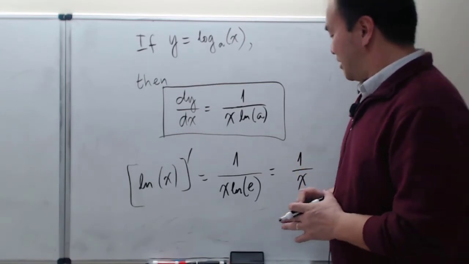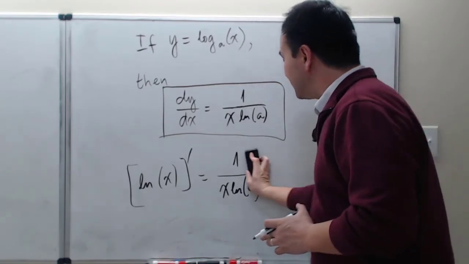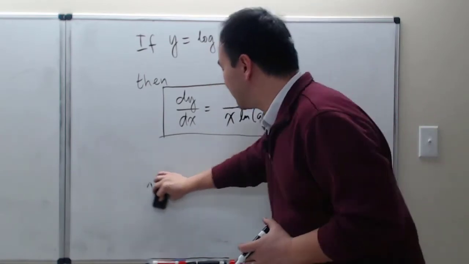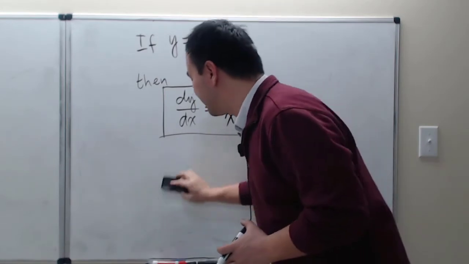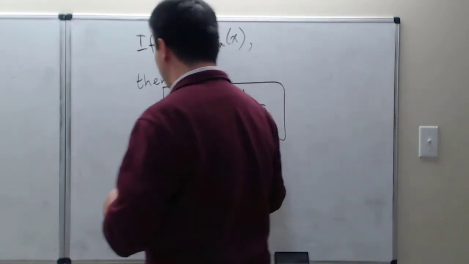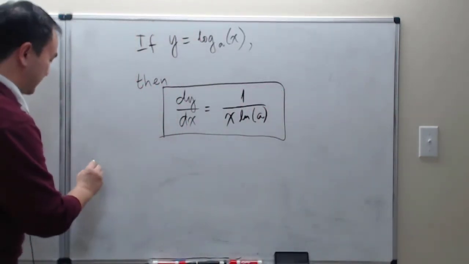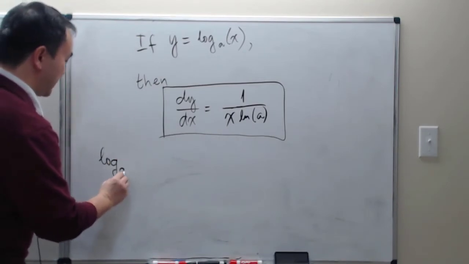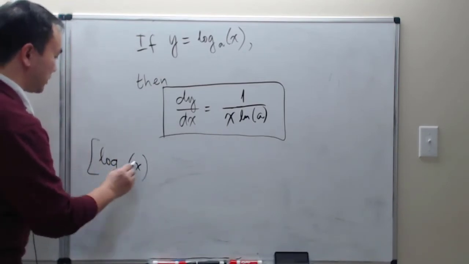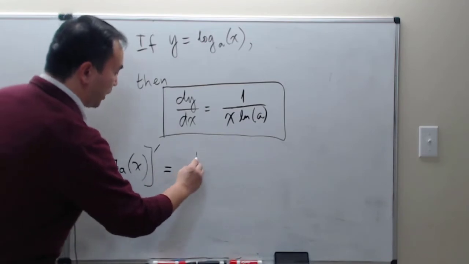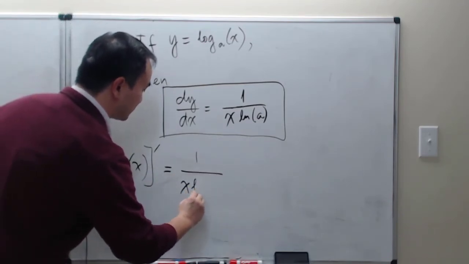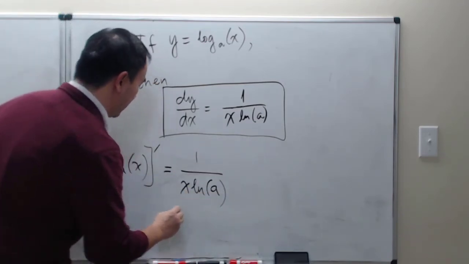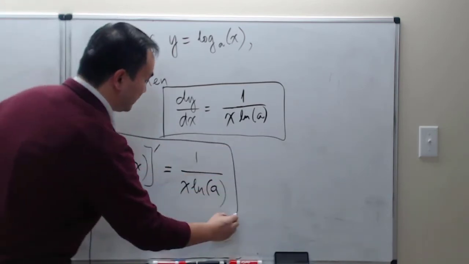Now, a shorter version of this general logarithm formula is that when you're looking at log base a of x, taking the derivative gives me 1 over x times the natural log of a. That's another way of writing your formula.